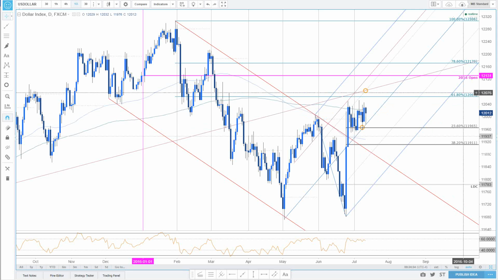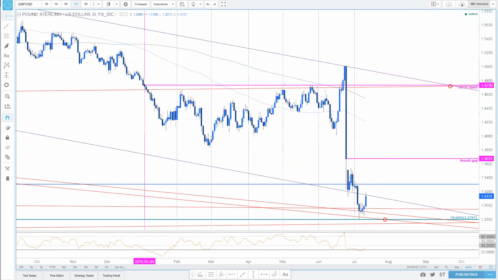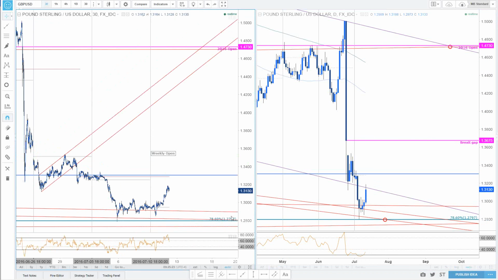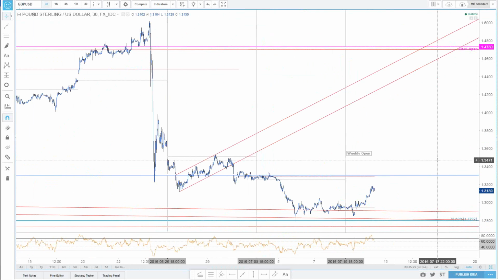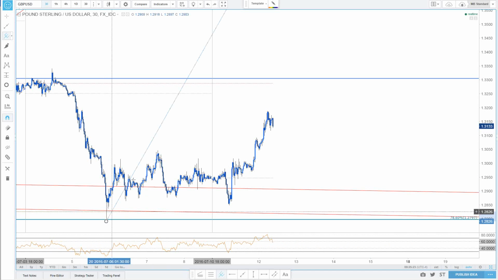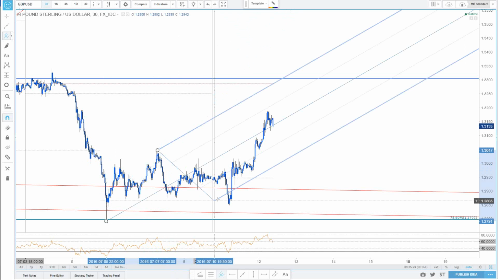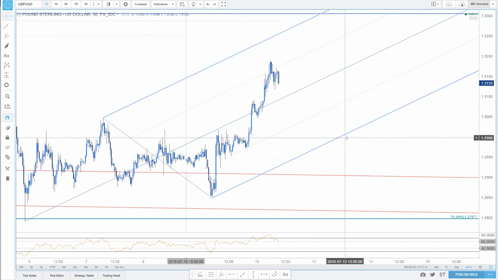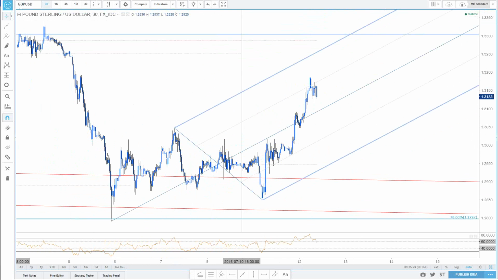So a quick tidbit there on where pound dollar stands. Any questions specifically on the pound dollar? I don't have any crazy near-term structure to get me excited on this one either yet. Okay, could be in play. In fact, let me tack on a quick extension here.